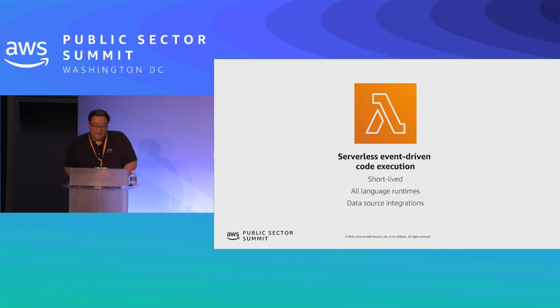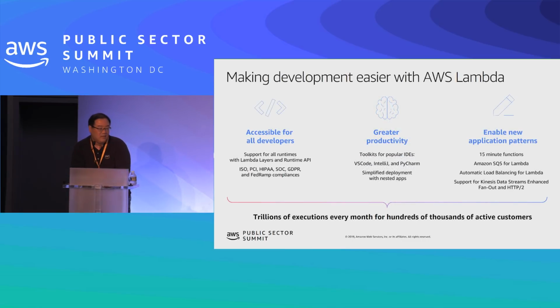This code can be event-driven. The ideal use cases are short-lived, relatively stateless transactions, and we support a wide variety. Now we support almost any runtime language they can think of, but we'll get into that in a moment, but also some very deep data integrations with the rest of the AWS platform.